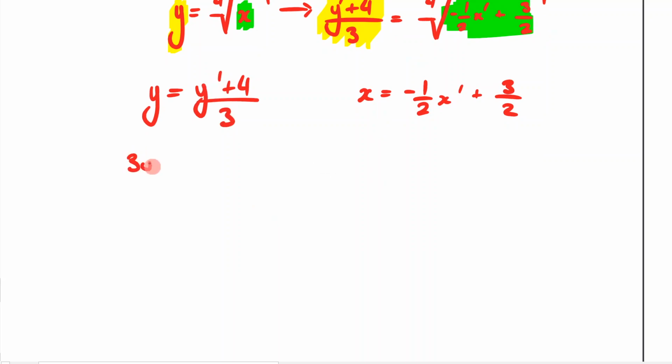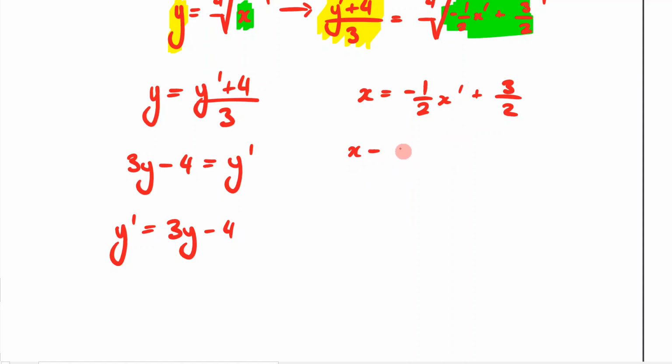So I'm going to end up with 3y minus 4 is equal to y dash. So y dash is equal to 3y minus 4. Now this side's going to be a bit trickier. I'm going to minus 3 on 2 from both sides, but I still have this here.